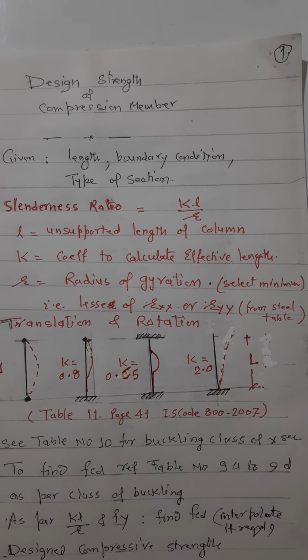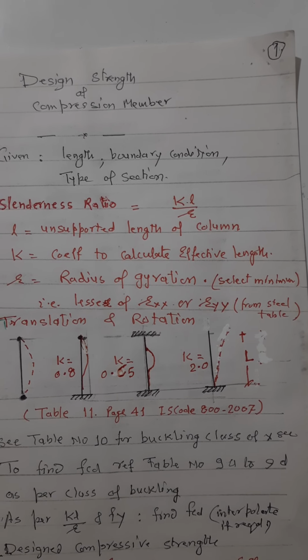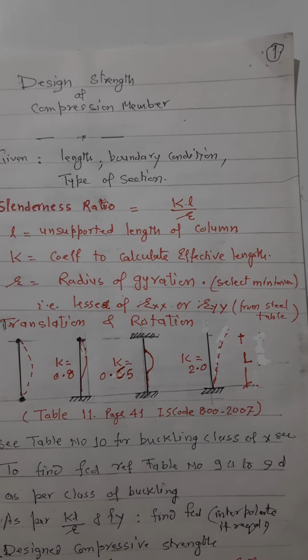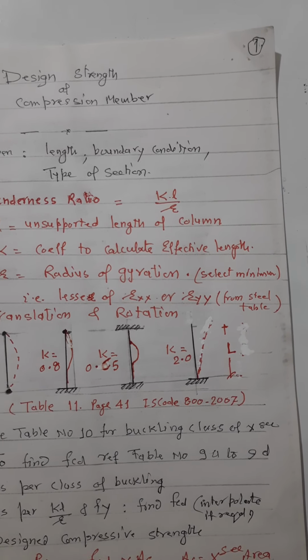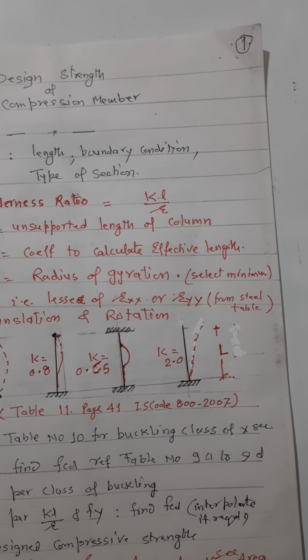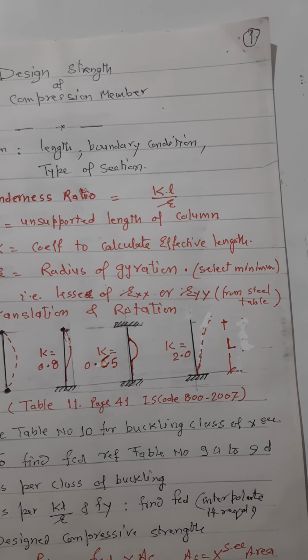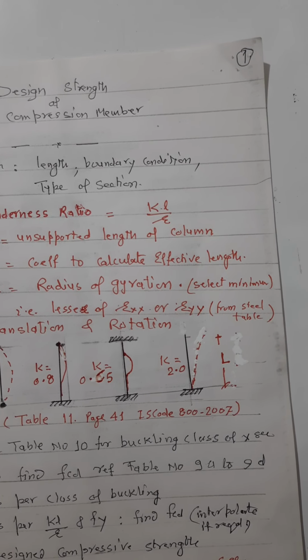Now there are two values of radius of gyration, rxx and ryy. If not given, you can straightaway calculate the radius of gyration r as the square root of Ixx upon A, where Ixx is the moment of inertia and A is the area of the cross section.